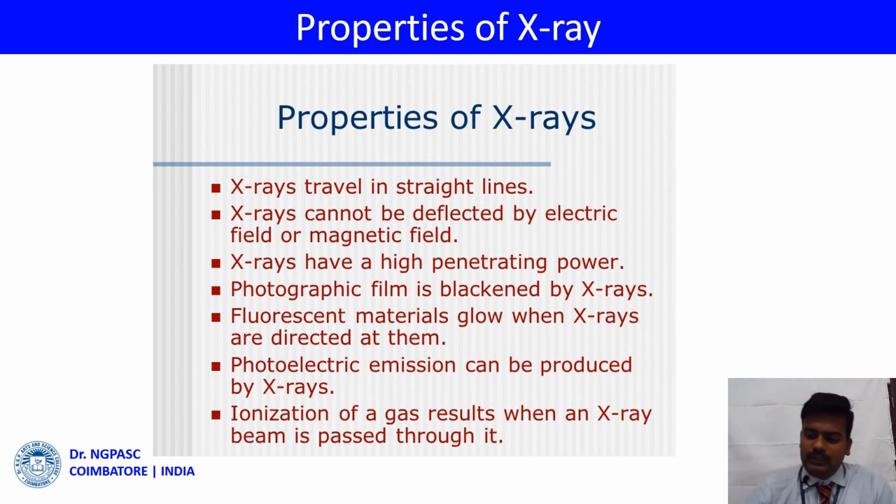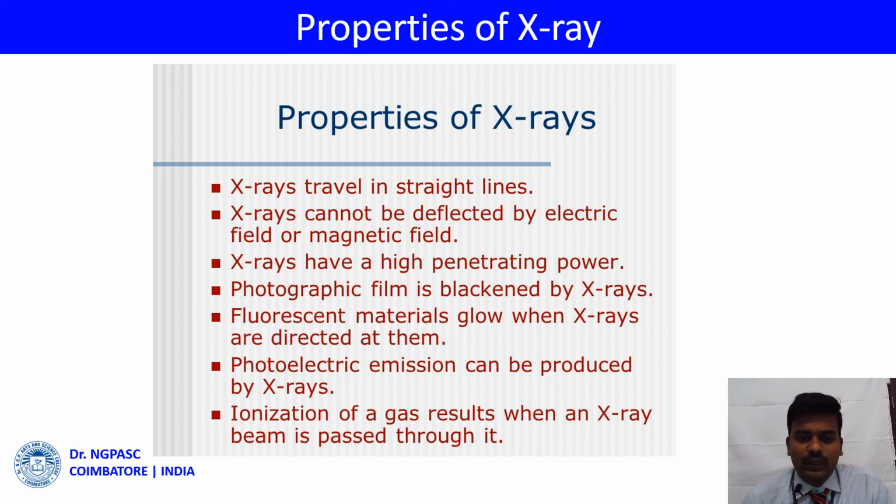Now we know some main properties of X-ray. X-rays travel in a straight line only. X-rays cannot be deflected by electric and magnetic fields. X-rays have a high penetrating power. They blacken photographic film, and fluorescent metals glow when X-rays directly hit them.